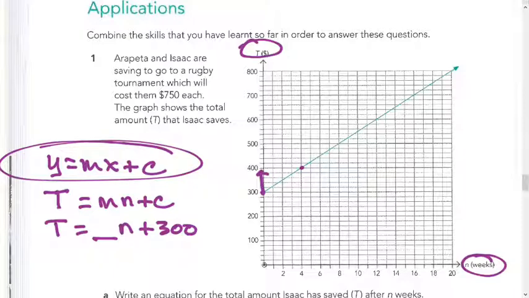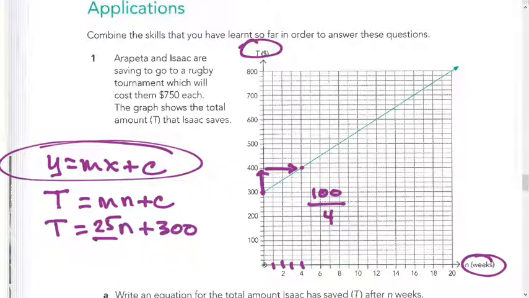Well, 300 to 400 is 100. And then we went across to the right. How many? 1, 2, 3, 4. Be careful of your scales, right? So use the scale that they've given you. We had to go up 100 units and to the right 4 units. And 100 divided by 4 is 25.